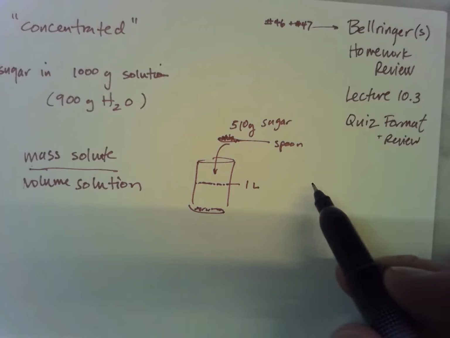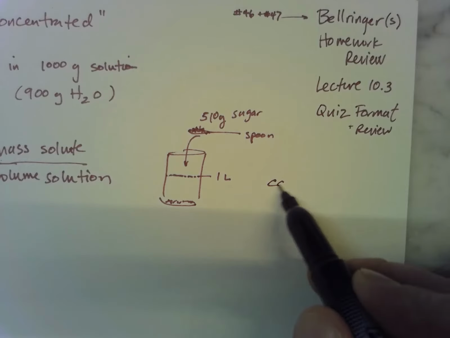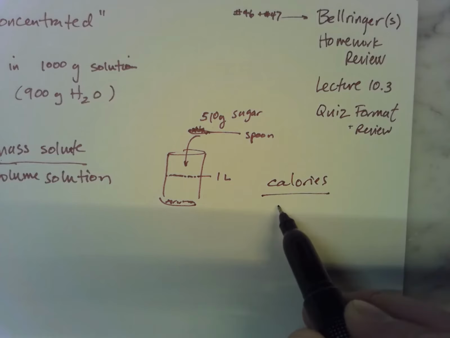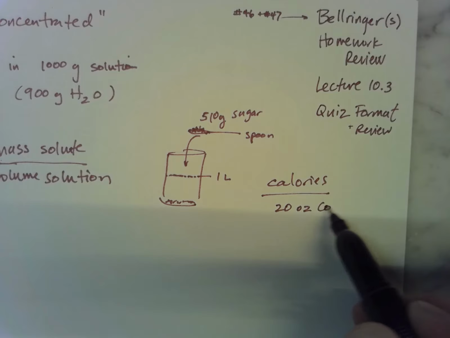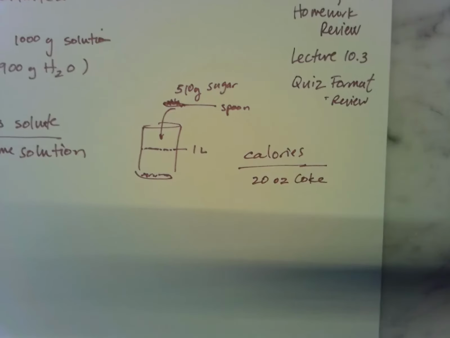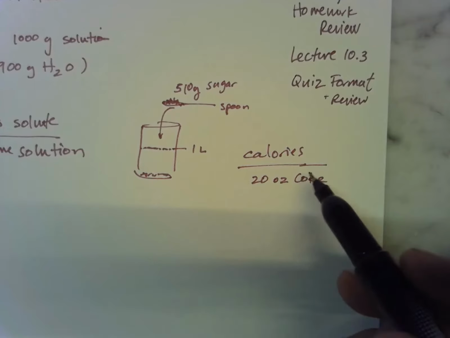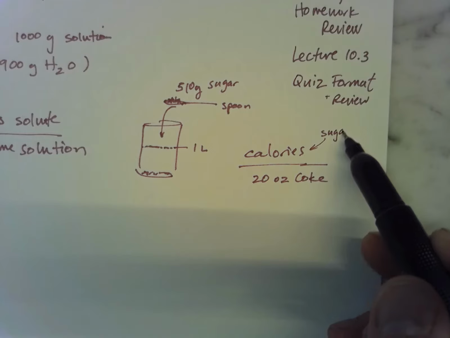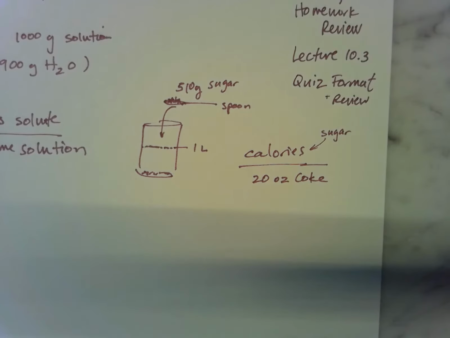What if we just talked about calories per 20-ounce Coke? Okay, it doesn't tell you how much of that, and we could think of this as sugar per 20-ounce Coke, right?